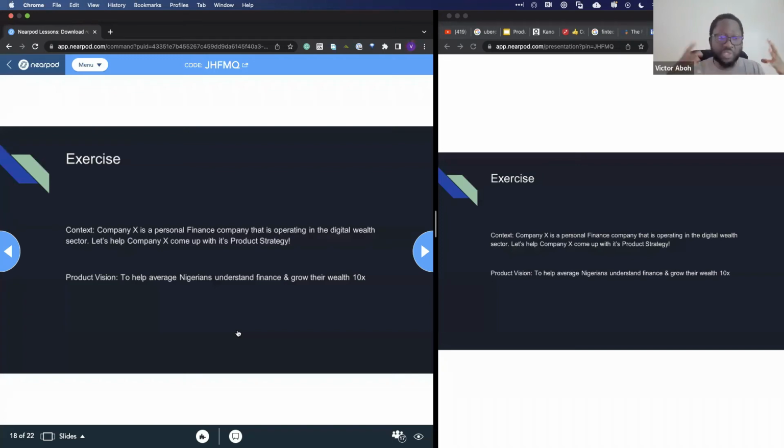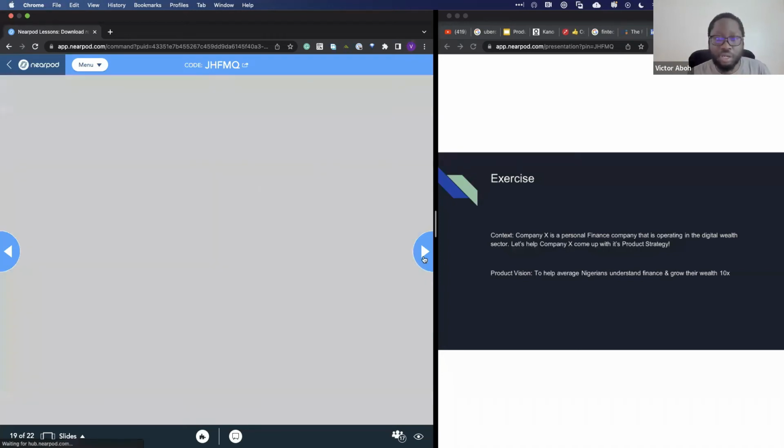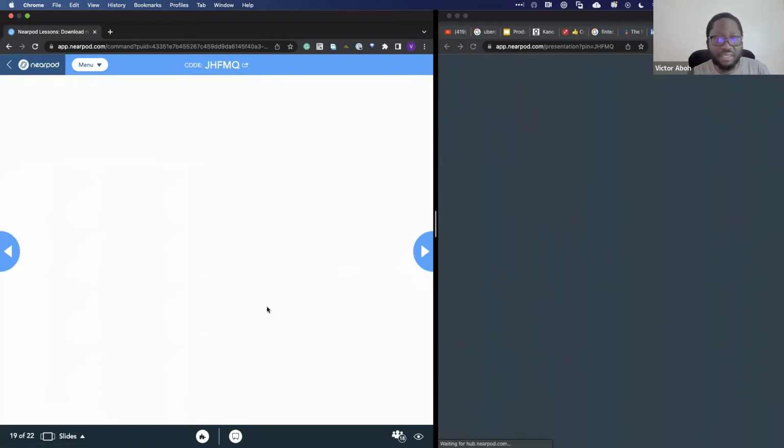So that's the vision for this product. We want to help people understand finances and want to help people grow their wealth. So we're going to dive into how we would go about that process of creating a product strategy for company X.